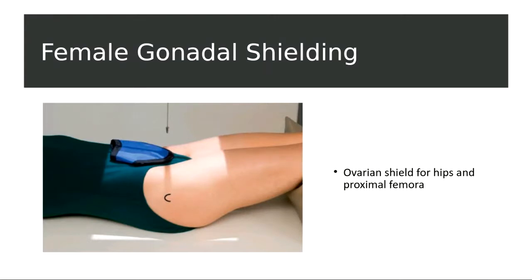So we internally rotate the leg 15 to 20 degrees medial, and this makes the femoral necks parallel to the IR and gives us a true AP of the proximal femur. The central ray is to the femoral neck, and the femoral neck is found 1 to 2 inches medial and 3 to 4 inches distal to the ASIS.